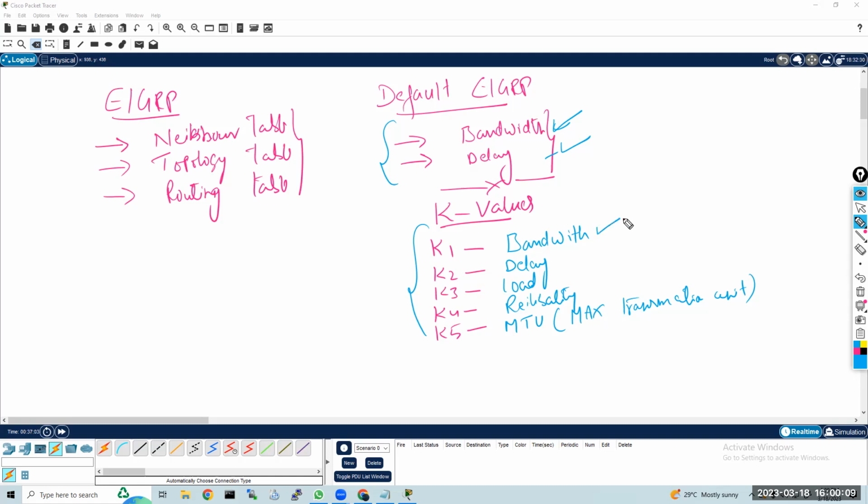Bandwidth is nothing but your pipe thickness. This is the thickness of the pipe, and this is your bandwidth. Delay will depend upon the size of your pipe.